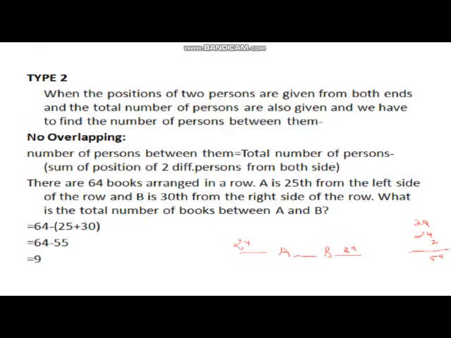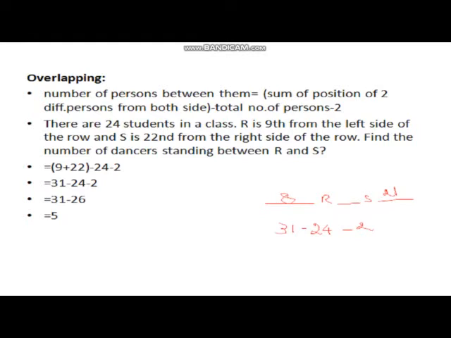So there are 9 books between A and B. Hope you understand. There is one more case. Here the same question will be given, but the difference is that the total number of persons given will be lesser than the sum if we add R and S together. There are 24 students in a class. R is 9th from the left side of the row, so 8 persons before R, and S is 22nd from the right side of the row, so 21 persons before S from the right. Find the number of students between them. If we add 21 plus 8 plus R plus S, which is 2, we get 31, which is greater than the number of persons given, 24.